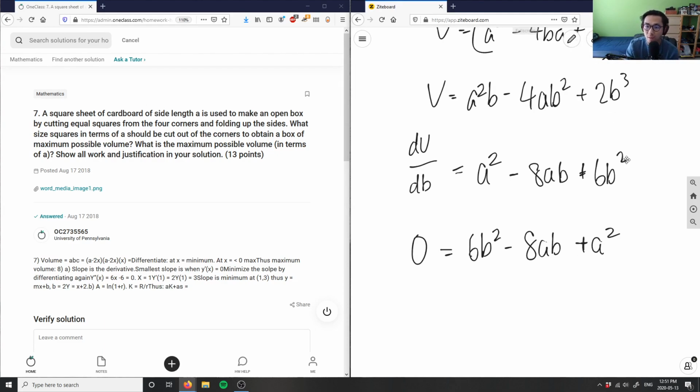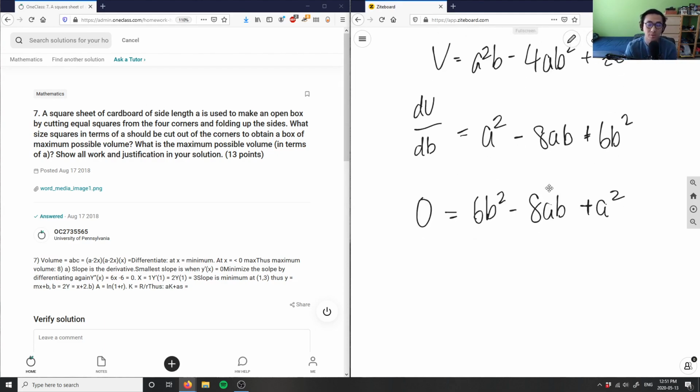And then in this case, I would have to factor in terms of B to figure out something in terms of B, so in terms of the dimensions here. If I were to solve this quadratic, again, this is simply a quadratic, because I know that A is always a constant.